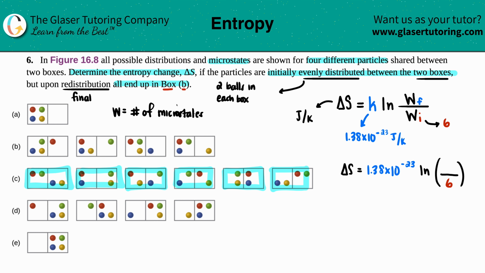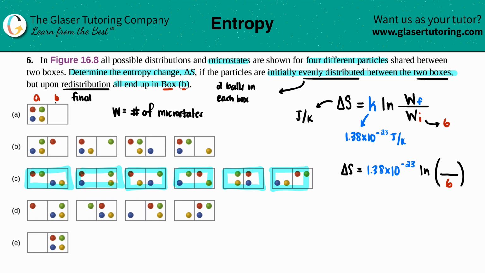Let's say the first box is labeled A, and the second box is labeled B. So for all of these, we have A and B, A and B, A and B, etc. If all of them are ending up in box B, we're looking for the one in which all the balls are in this final box.